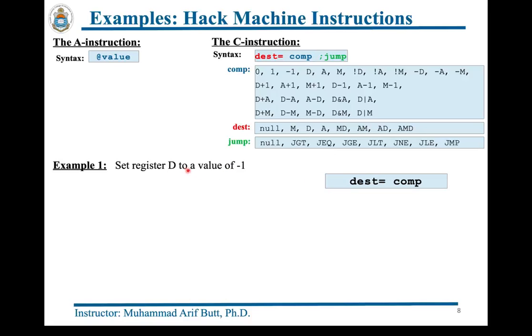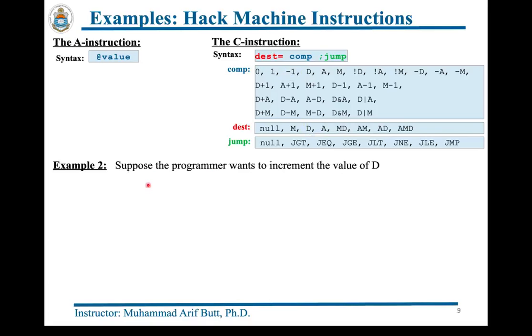Since the destination is D, over here we will have D, and the computation is of course -1. So the destination is D, the computation is -1, and the syntax will be something like this. So this is the hack assembly instruction that sets the register D to a value of -1.